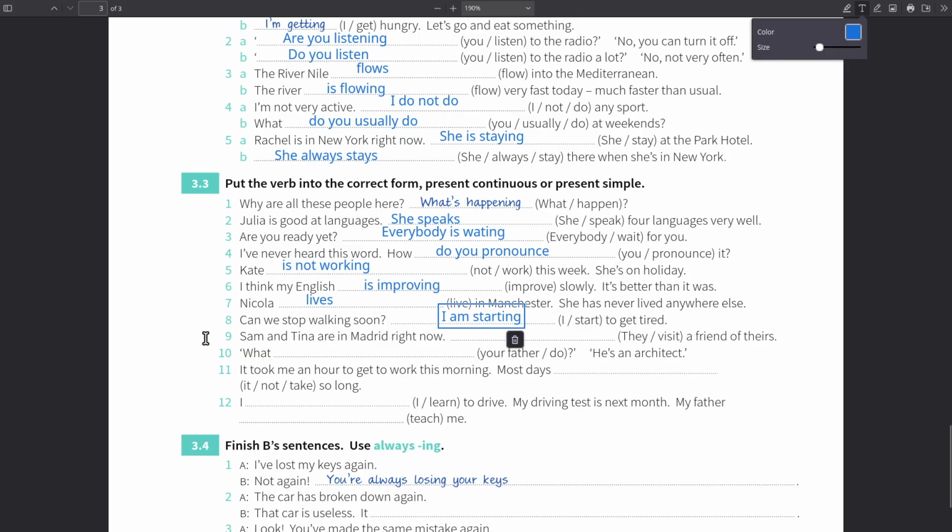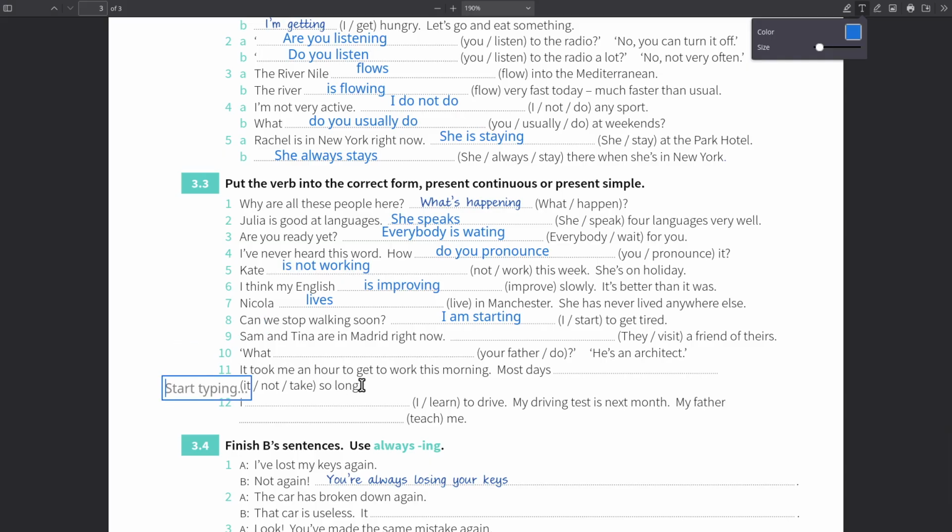That kind of question, can we stop walking soon, we're asking for an action that could happen sooner. The action that the person is getting tired is an action that's happening right now.